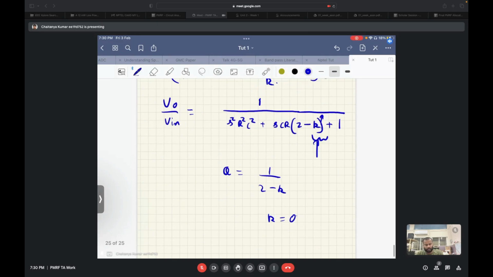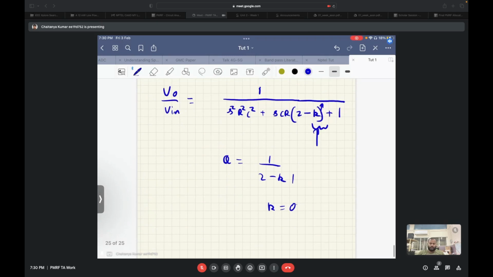If you keep on increasing K till K equal to 2, that is where the amount of positive feedback and negative feedback almost become equal, and your quality factor becomes infinite. After you increase the value of K beyond this, your circuit becomes unstable.